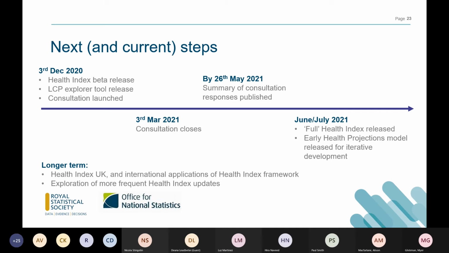And then within 12 weeks of the consultation closing, we'll publish a summary of the consultation responses. So that's the you said, we did part of the contract. In summer this year, we're aiming to release the full health index, building on the improvements we've made during this consultation period, and the feedback we've received in the consultation itself.